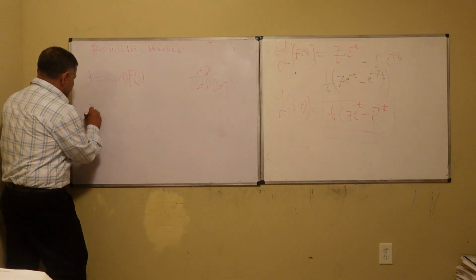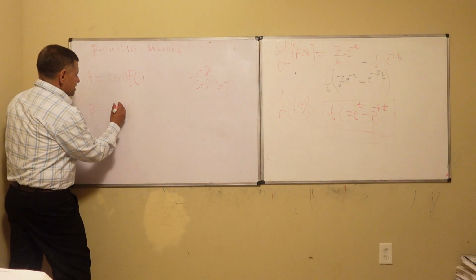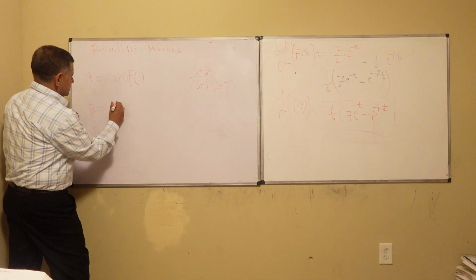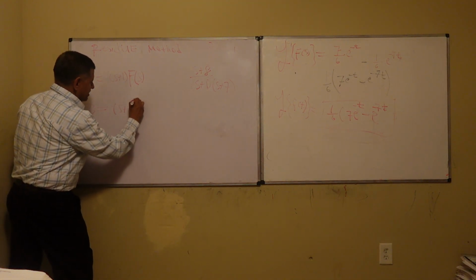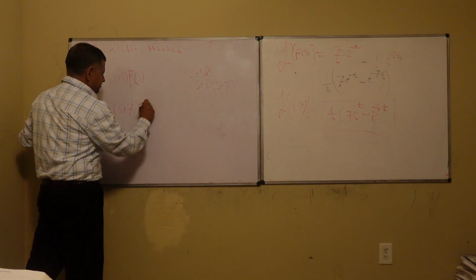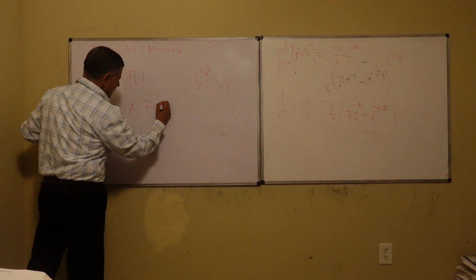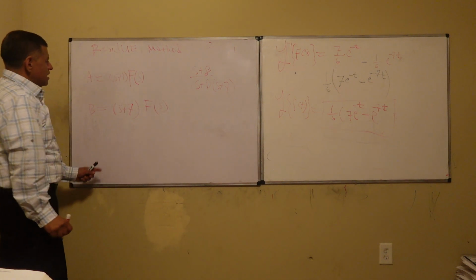So B, okay, what is going to be B? B is going to be equal to S plus 7 and the Laplace domain of that, right?